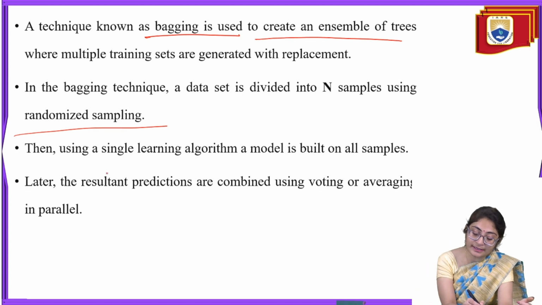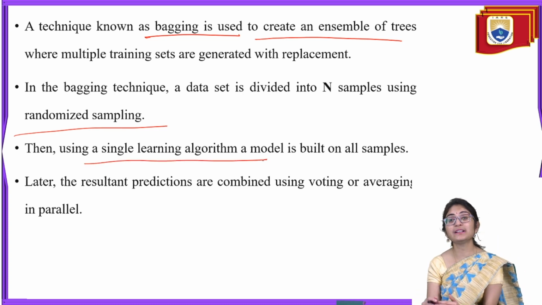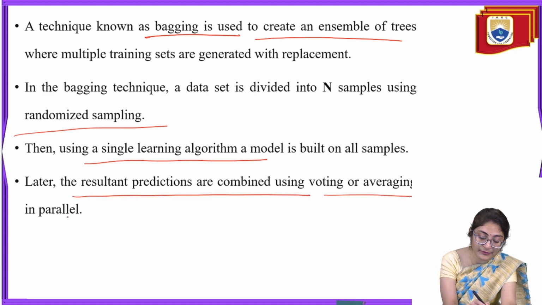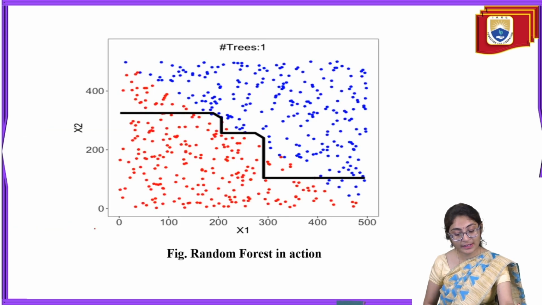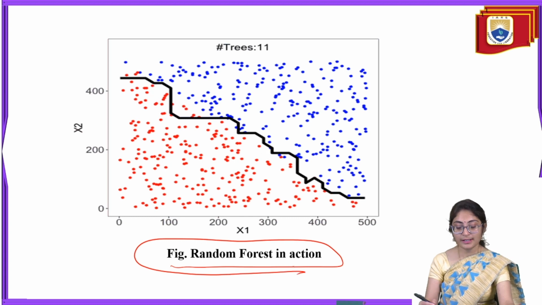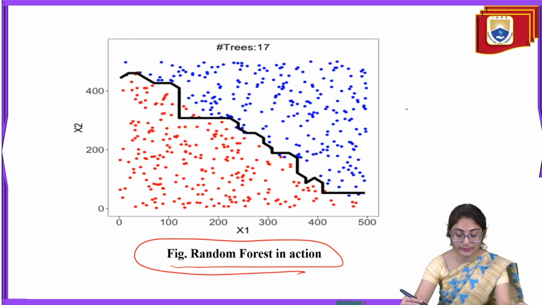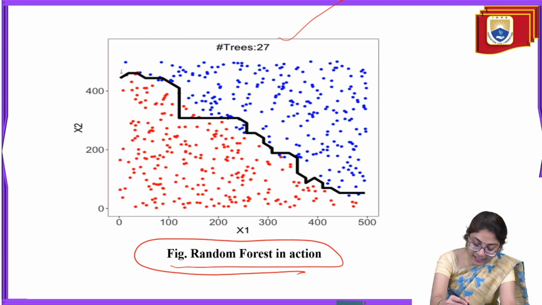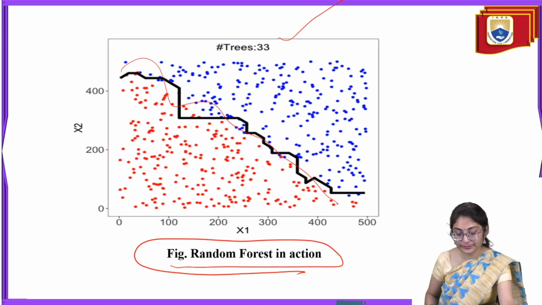Then using a single learning algorithm, a model is built on all samples. Later, the resultant predictions are combined using voting or averaging in parallel. Random forest in action: you can see that your tree values are continuously changing, and this graph is continuously changing.